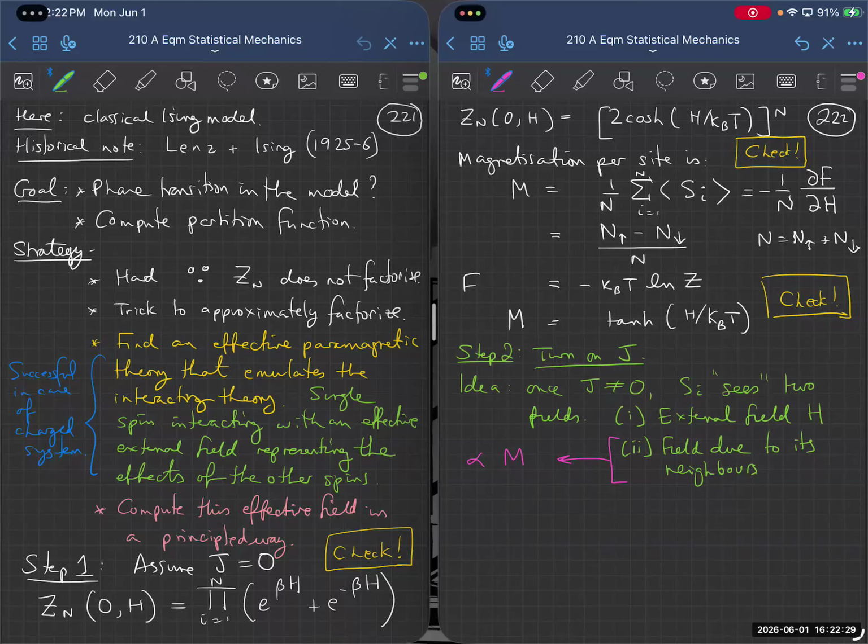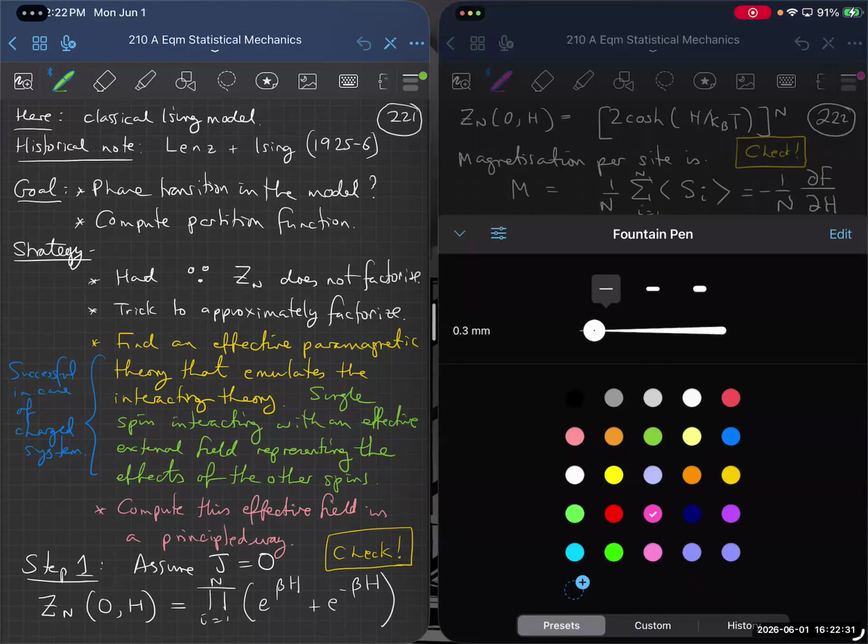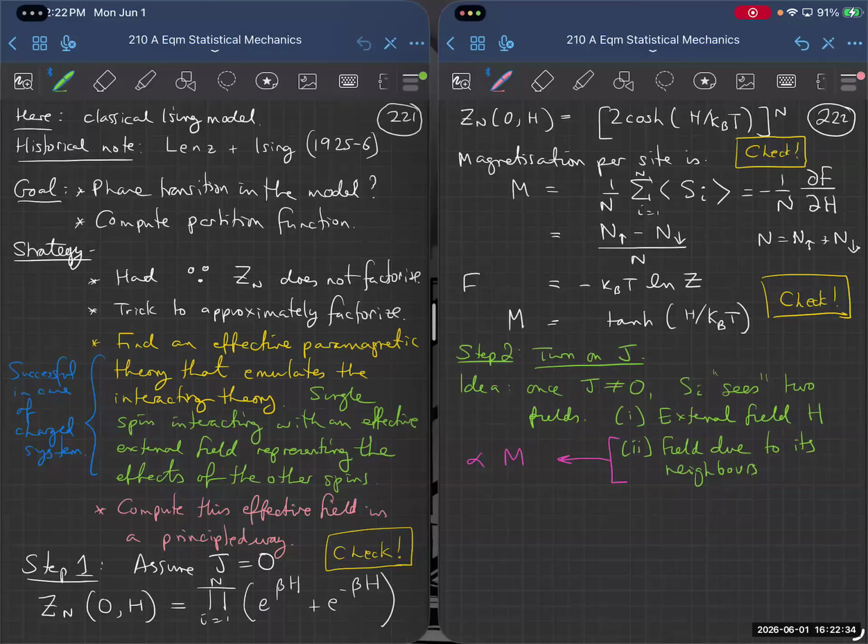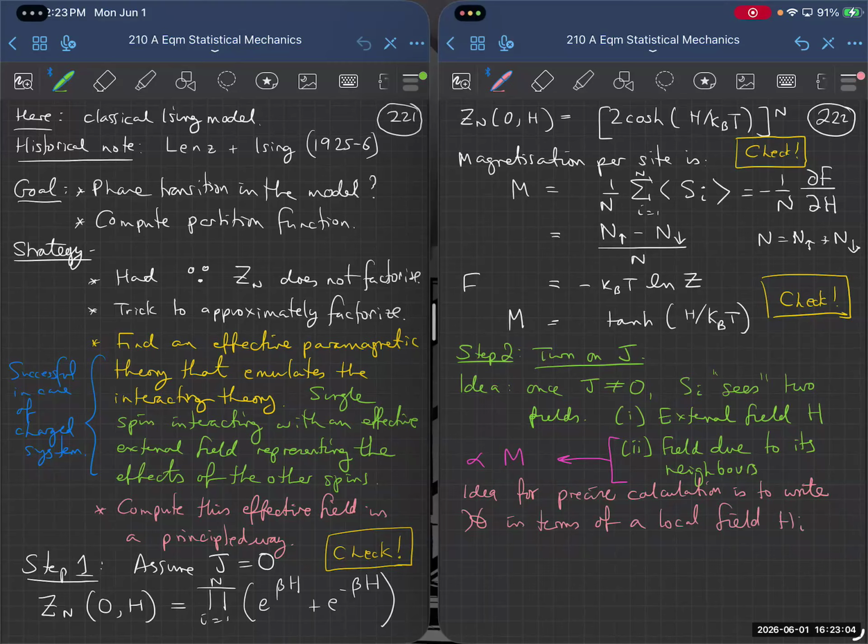Now let's do this precisely. The idea for the precise calculation is to write the Hamiltonian in terms of a local field h_i as follows.